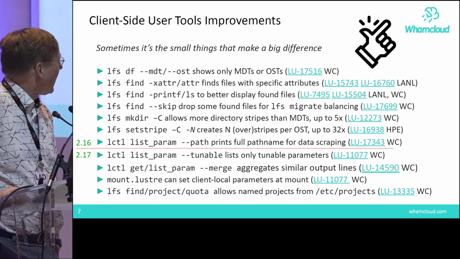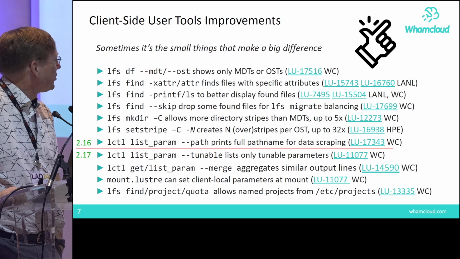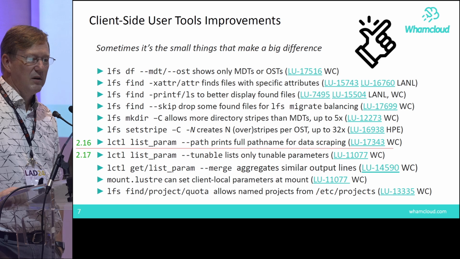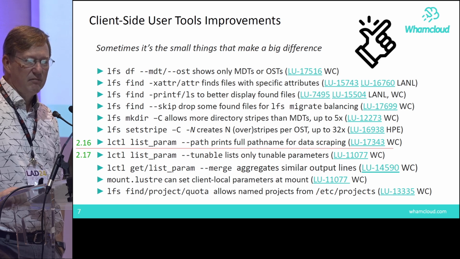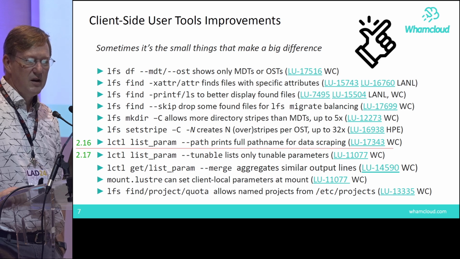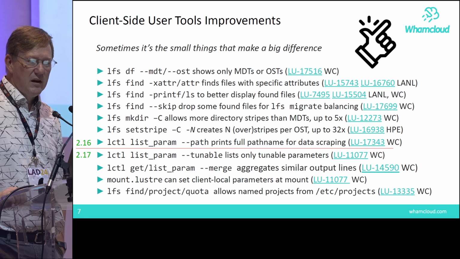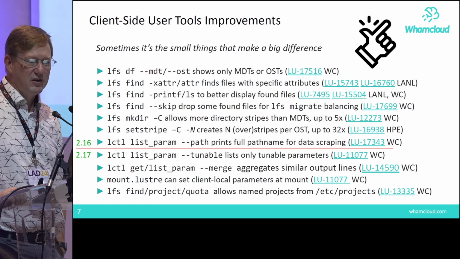More upcoming things, lctl list_param with --tunables. It ignores all of the stats files and things that are not actual parameters. So this gives you a more concise list of what's been configured on a file system. And a later enhancement to this will be only reporting tunables that have actually been set since the file system was mounted.